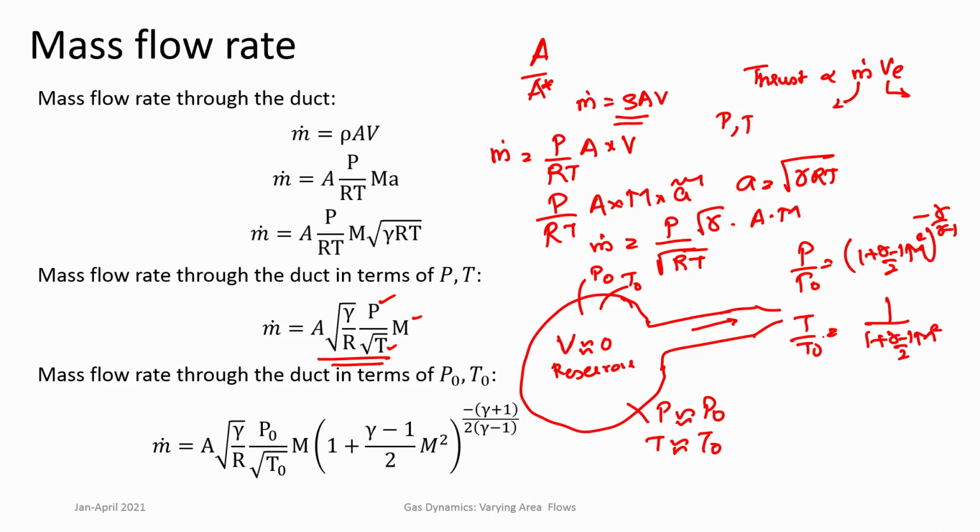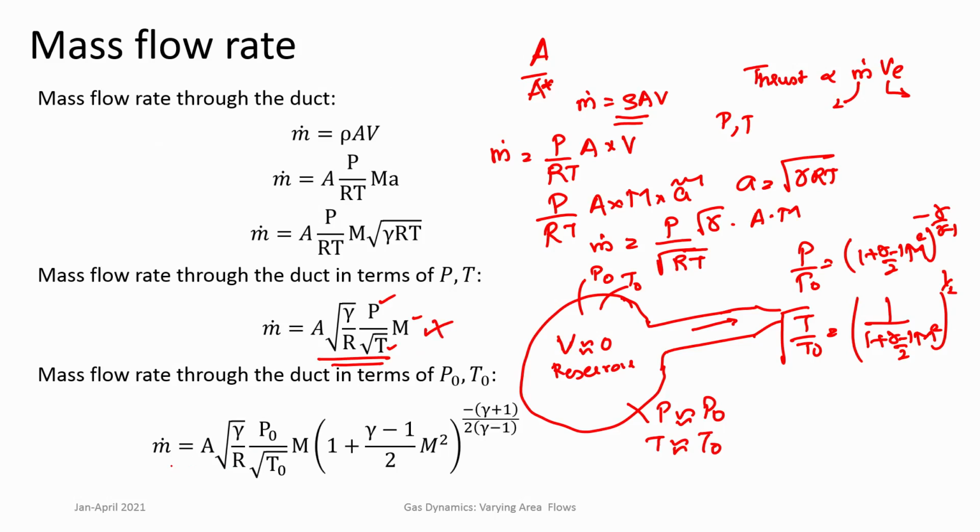While we are actually looking at square root of T by T naught, this has a 1 by 2 attached to it.